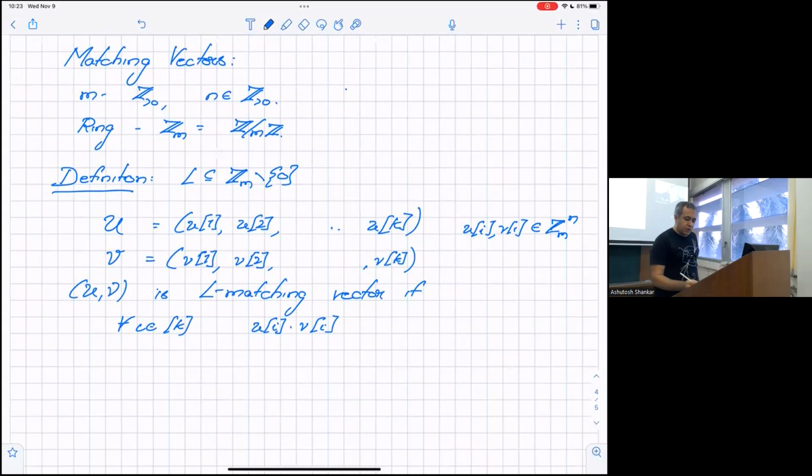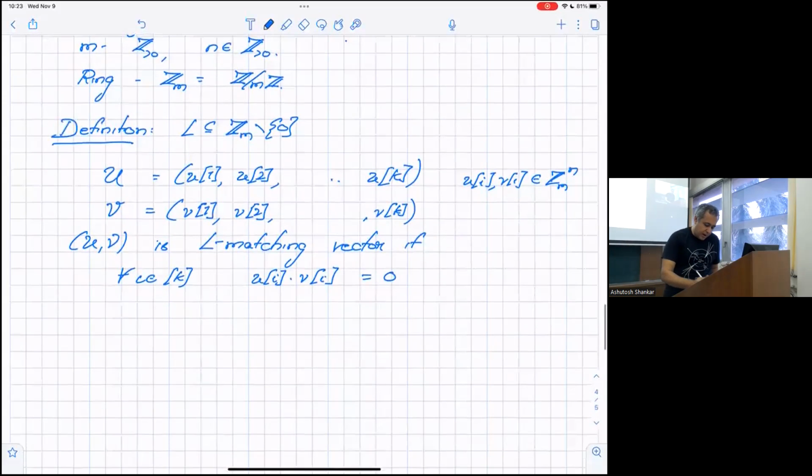This should be equal to 0. So whenever two matched vectors are taken, their dot product should be 0. And for all i not equal to j in k, ui dot vj should belong to L.